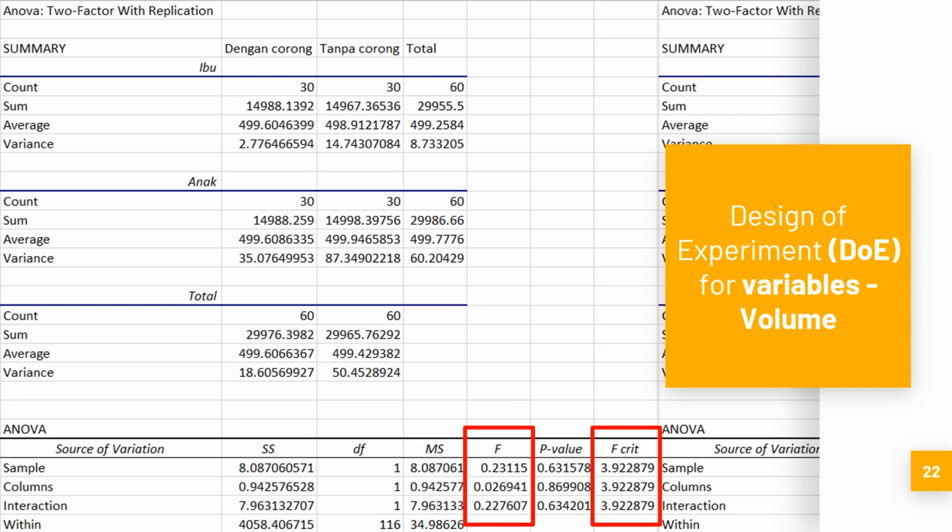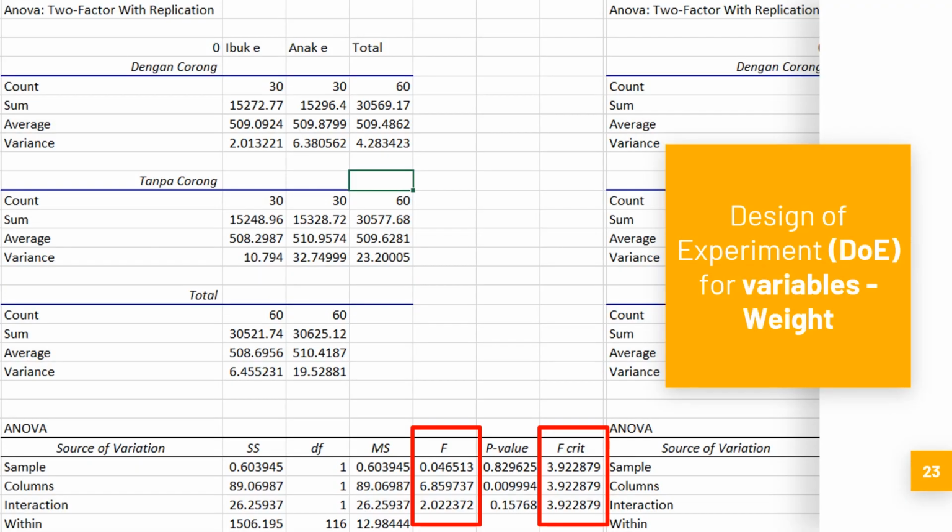And in the second variable, we see that the value of columns is greater than F critical. That means that there is an influence between the manipulation of workers and the weight of the observed object. And that is actually the conclusion of the ANOVA that we are using in this experiment.